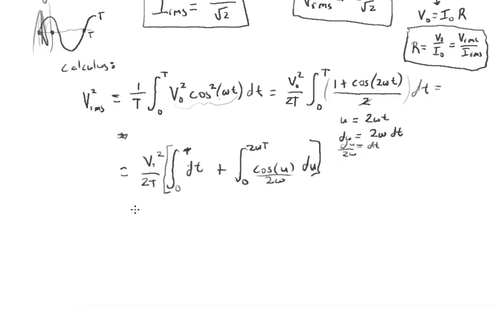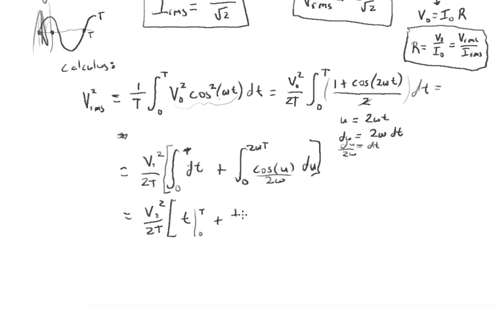And now we have these two integrals. So V naught squared over 2T. This one's really easy if you've done integration before. It's just going to give you t evaluated from 0 to the period. The second one, well, the integral of cosine, right?